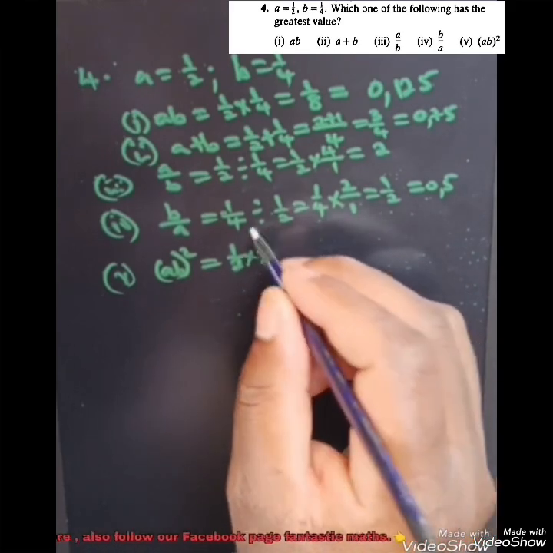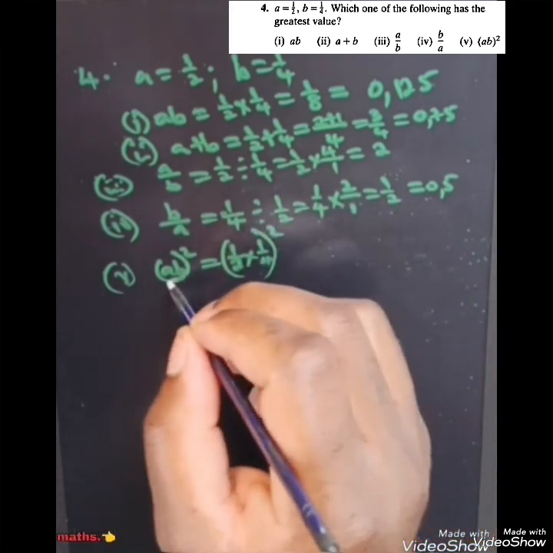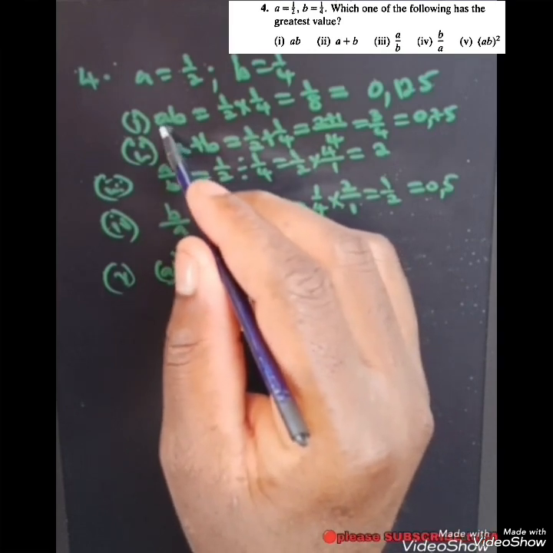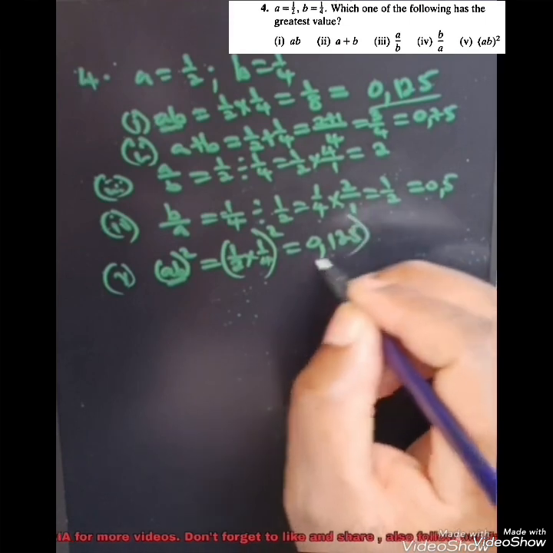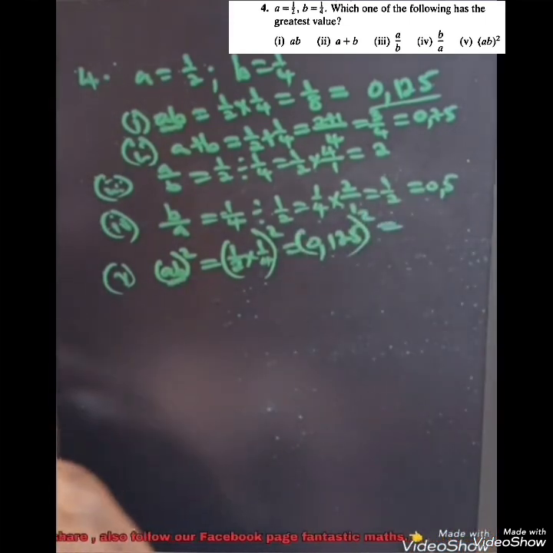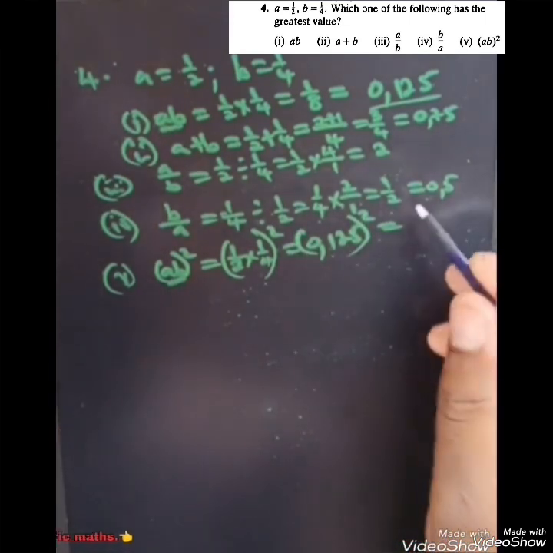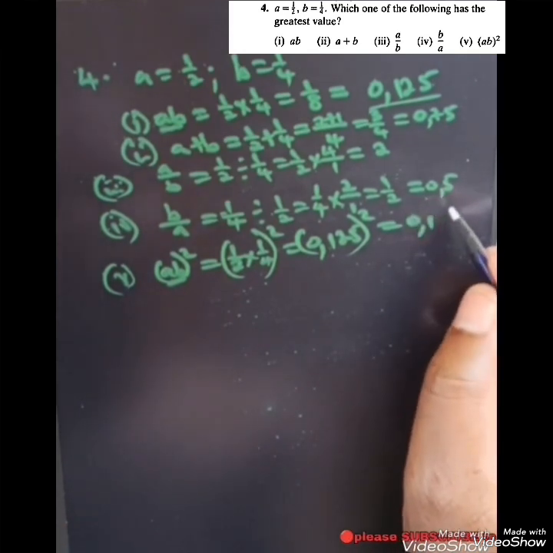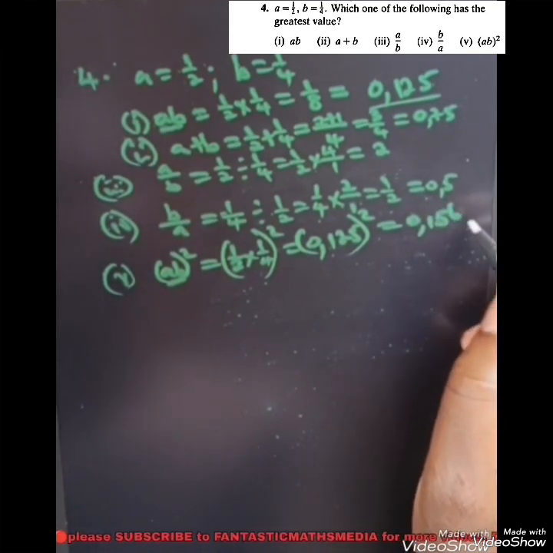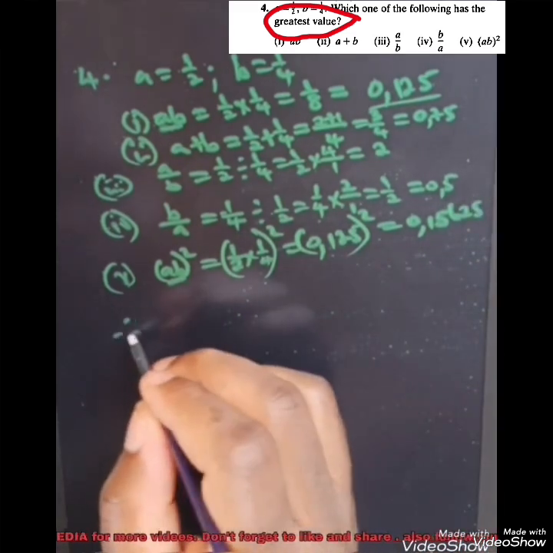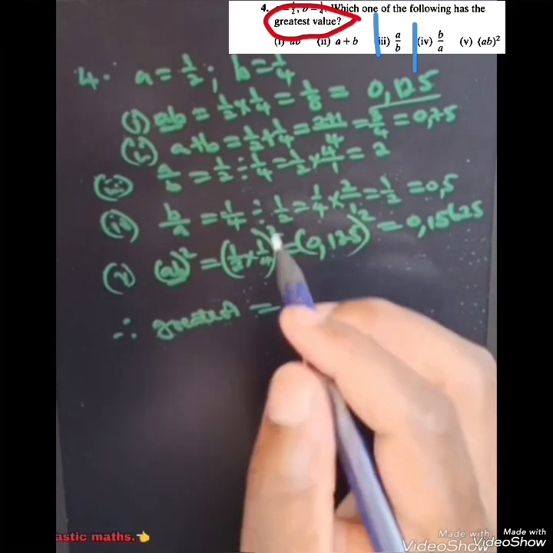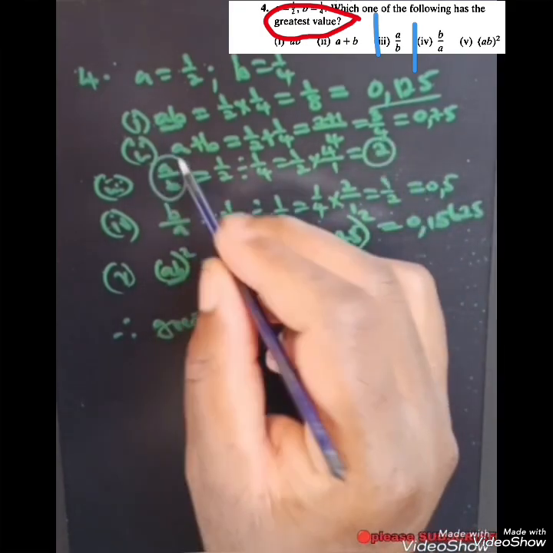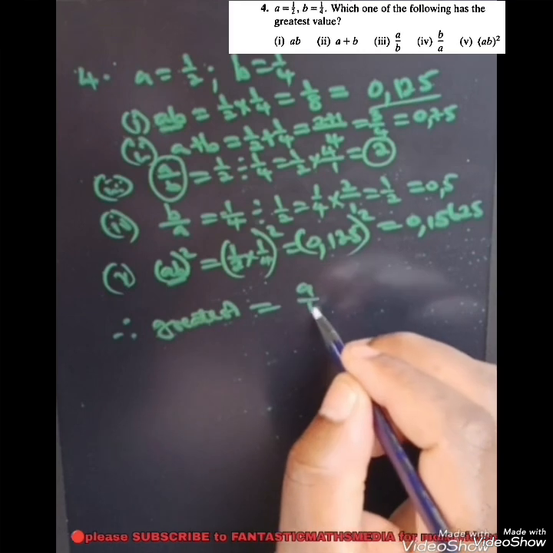Then we square it: 0.125 squared is equal to, let's use a calculator here, 0.015625. Right. Therefore, we need to find the greatest value of all. From item 1 to item 5, you see that 2 is the greatest value, so A over B is the greatest of all.